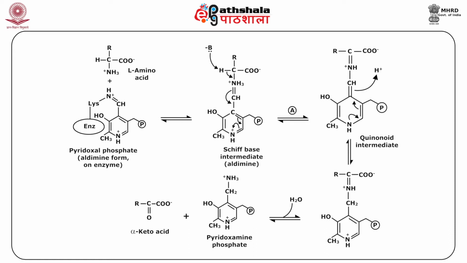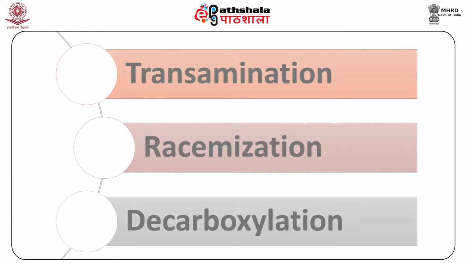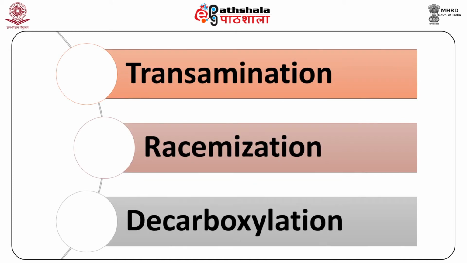Reactions generally begin with the formation of a new Schiff base, aldimine, between the alpha amino group of the amino acid and PLP, which substitutes for the enzyme PLP linkage. Now students, there are three alternative fates of this Schiff base: transamination, which is fate A, racemization as fate B, and fate C is decarboxylation.